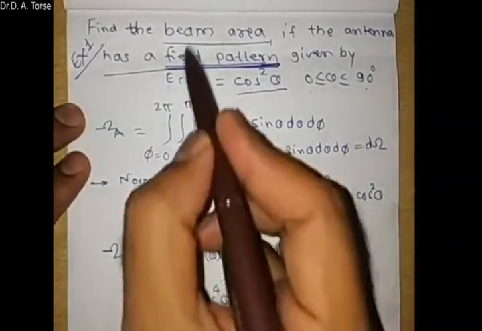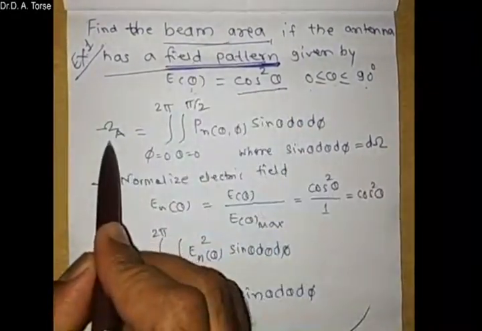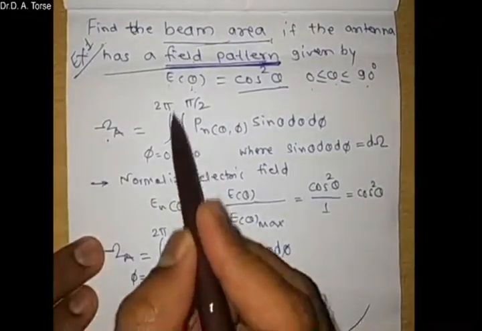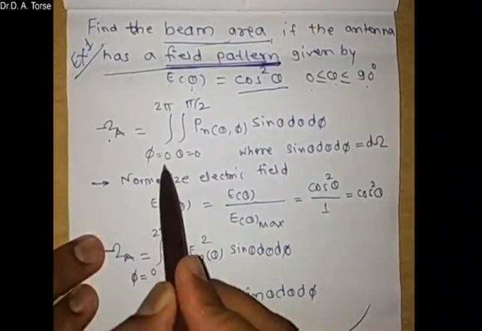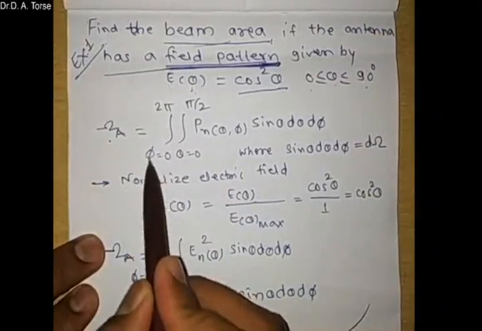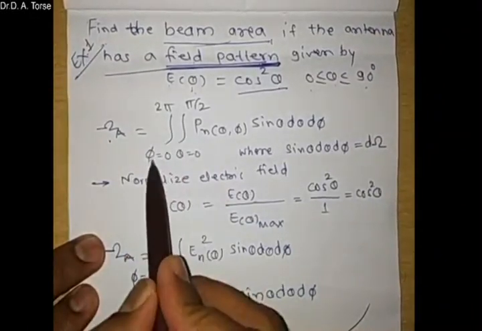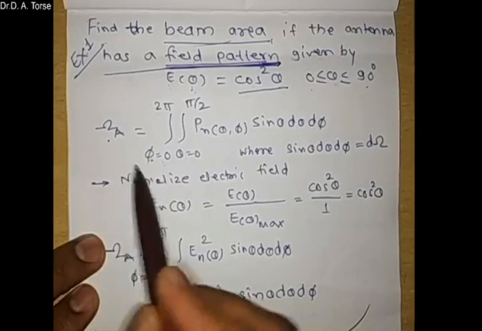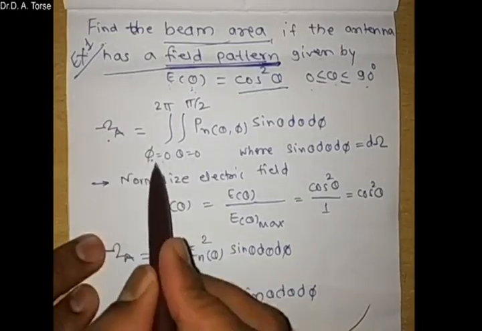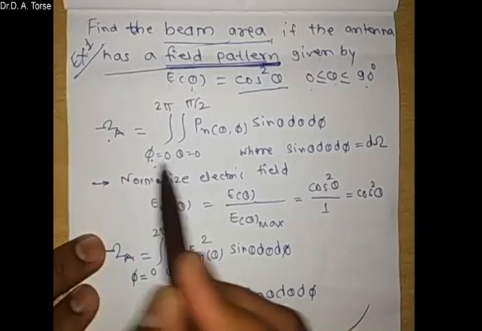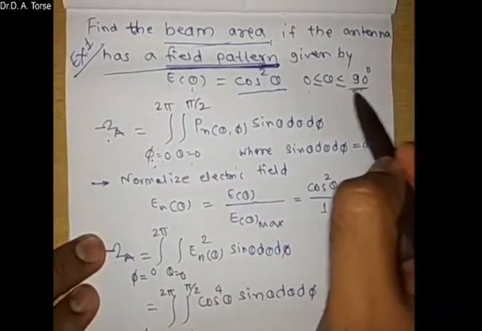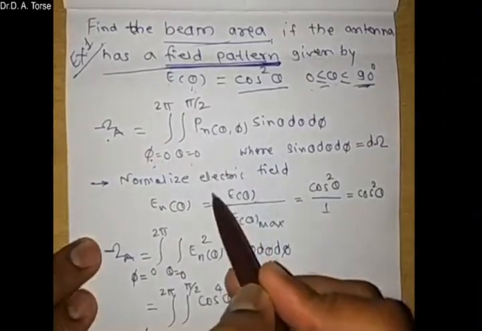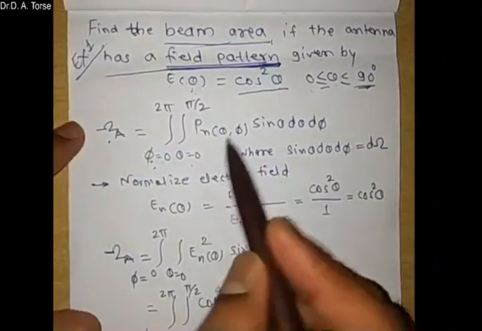So the formula for finding beam area omega A is double integral phi ranging from 0 to 2 pi. Phi always varies from 0 to 2 pi. It is azimuthal angle, which is for the entire sphere along the equator, and theta, as mentioned, is ranging from 0 to 90 degrees, pi by 2.